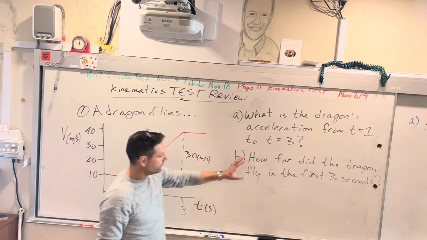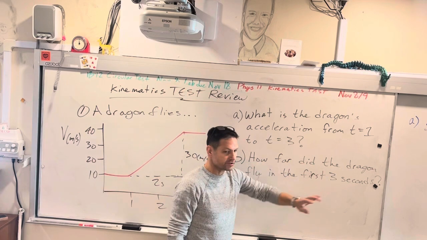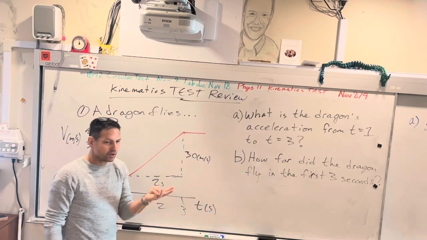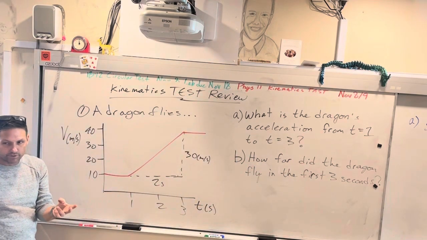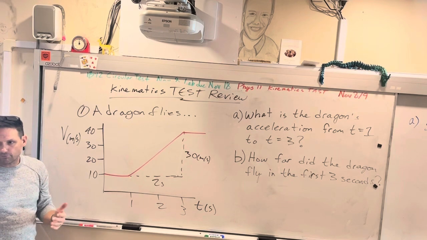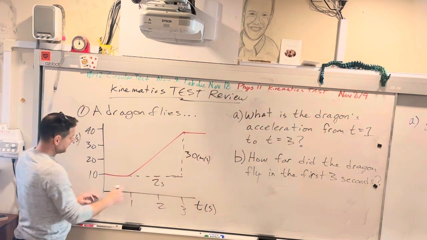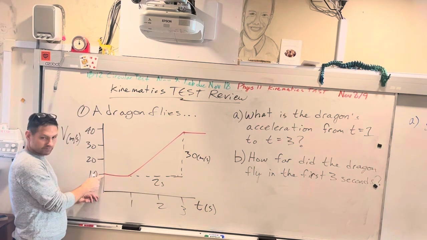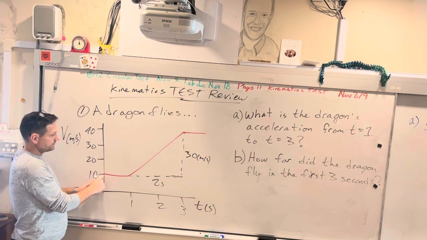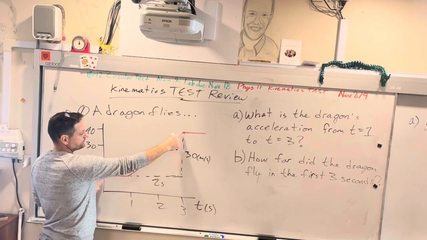Then I said, how far did the dragon fly in the first 3 seconds? So you're solving for displacement. If you just use the formulas, you might be tempted to say, well, it's 3 seconds, and she starts at 10 and finishes at 40.